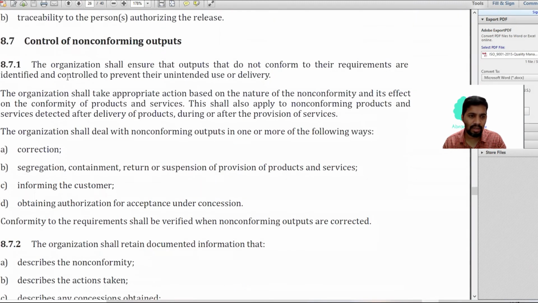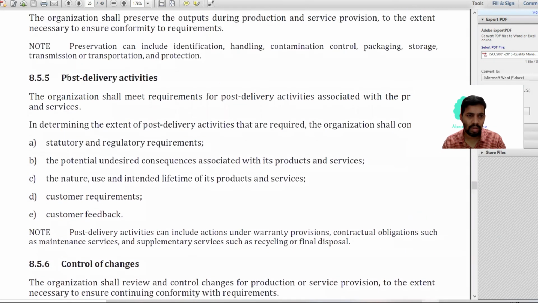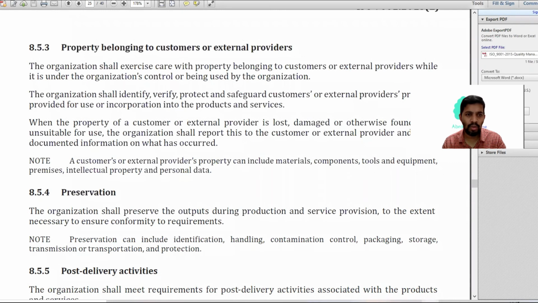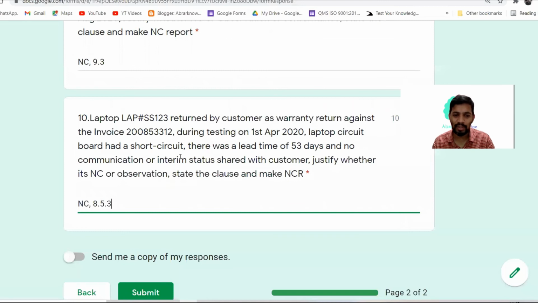If you look at it, property belonging to the customer or external provider, that is the supplier. It says that when the property of a customer or external provider is lost or damaged, or otherwise found to be unsuitable for use, the organization shall report this to the customer or external provider and keep a record. So in this case, 8.5.3 is the NC.